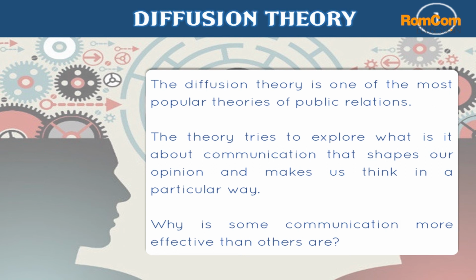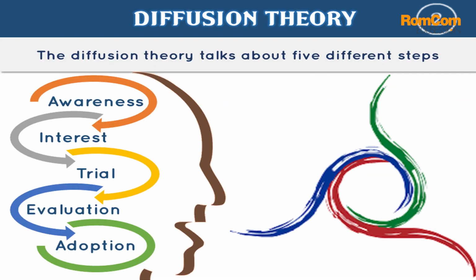Why is some communication more effective than others? Now, diffusion theory talks about 5 different steps: the awareness, the interest, the trial, the evaluation, and the adoption. Let us look into the individual aspect of it.